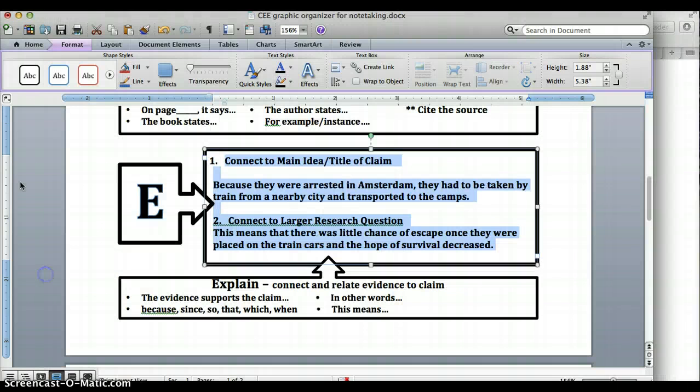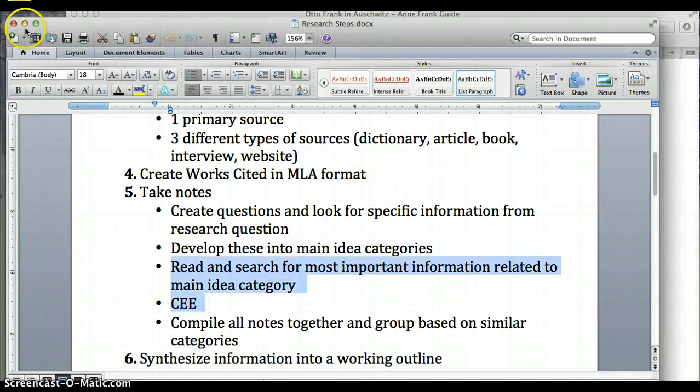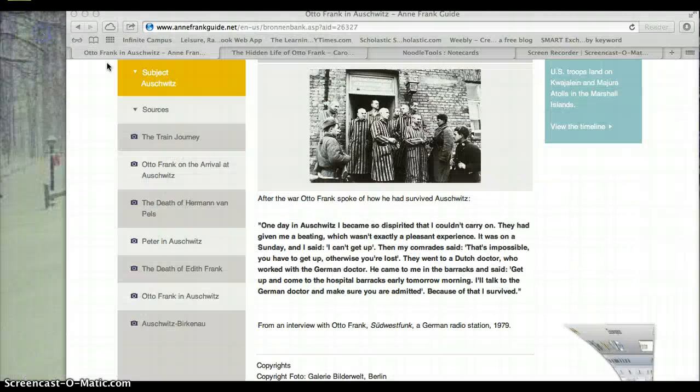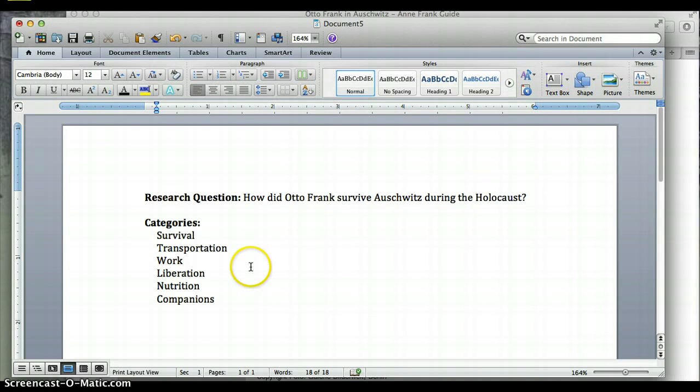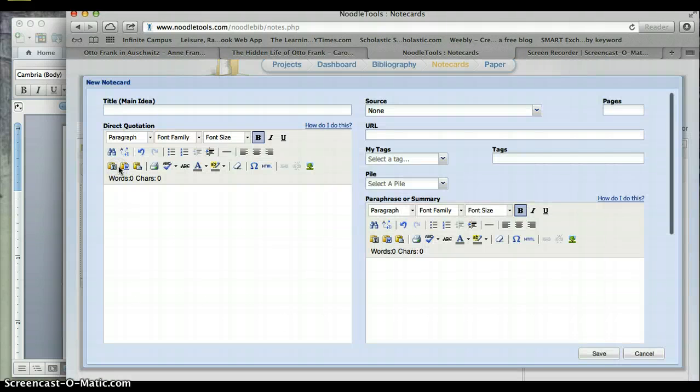If I'm struggling, the thing I'm going to do is look back at the categories that I have created. And if it's talking about how he almost gave up and then learned to survive, that category is going to be survival. I then go into NoodleTools, and I'm going to create a new note card.